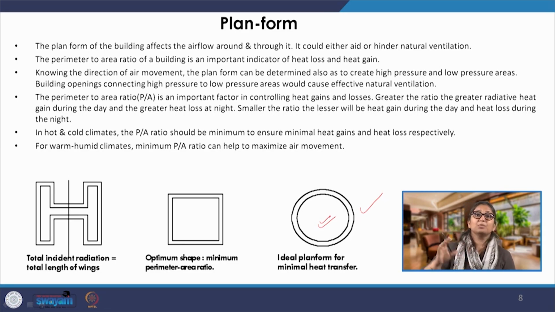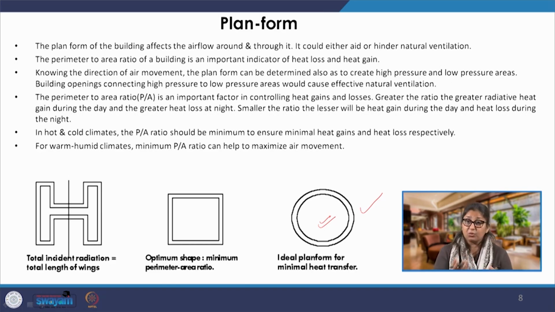You can look at the bhungas from Rajasthan, you can look at the Kutch houses, they are all circular because it reduces the amount of heat that comes in through direct solar radiation, and on top of that we add other design features such as shading. So, depending upon the plan form, we will have to choose for the given climatic context.